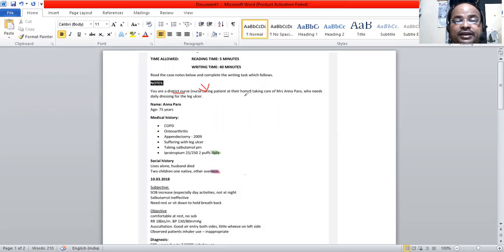You are taking care of the daily dressing of the leg ulcer which she has. Mrs. Sparrow has a leg ulcer, and you are doing daily dressing for her. This is what you can see there. We'll be seeing the condition later.